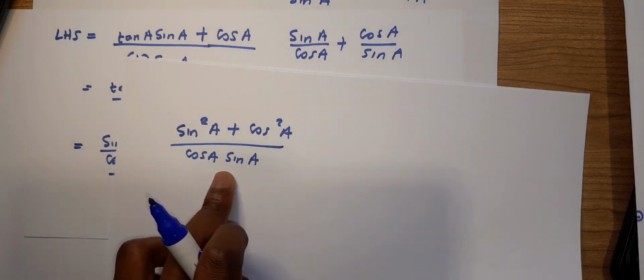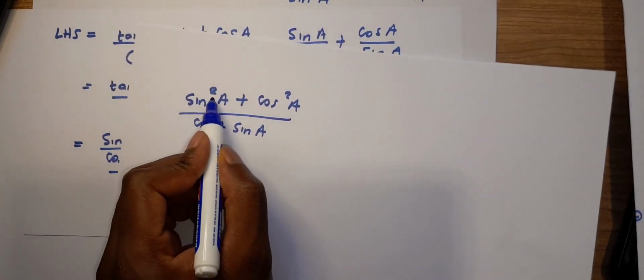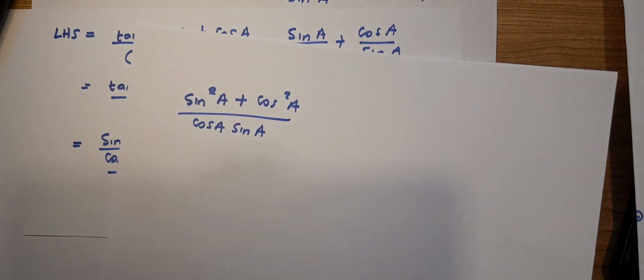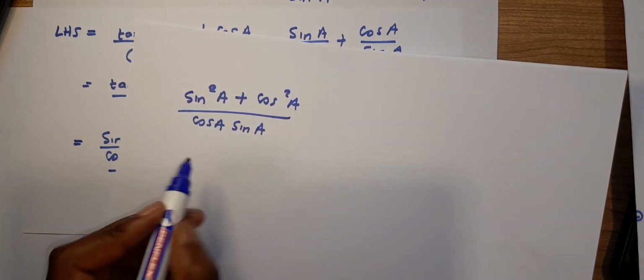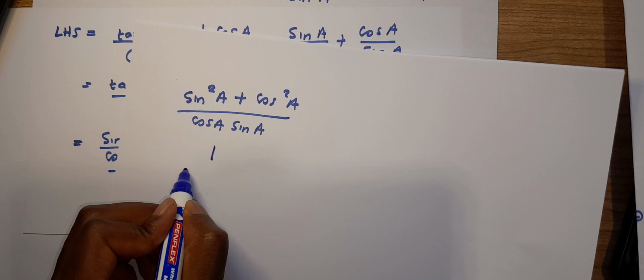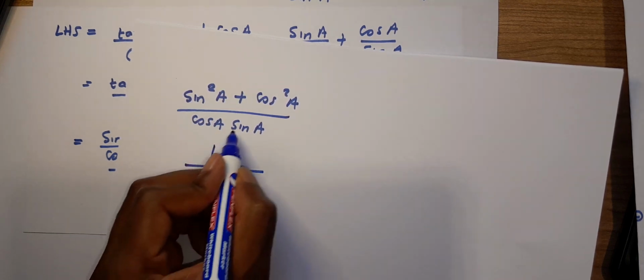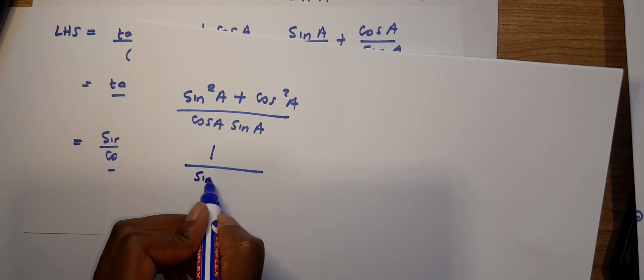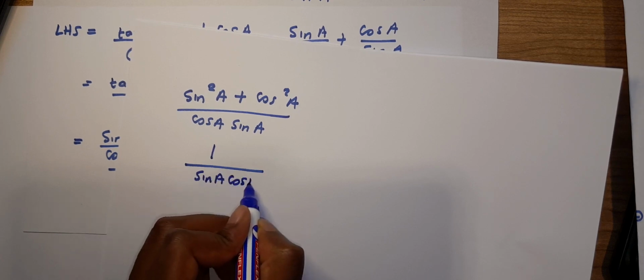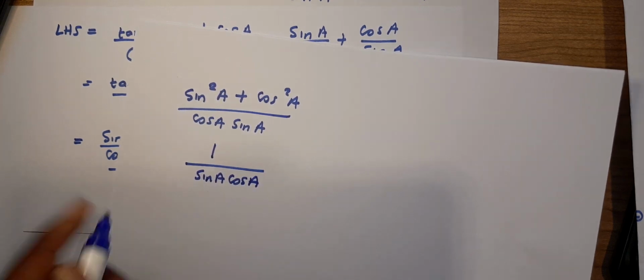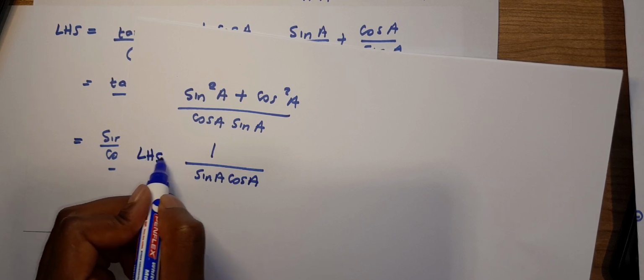Why do I say that? What is the sine square of A plus the cos square of A? It is 1, right? And then you divide it by this. You can even start with the sine of A, the cos of A. Let's end here. Remember, this is the left-hand side.